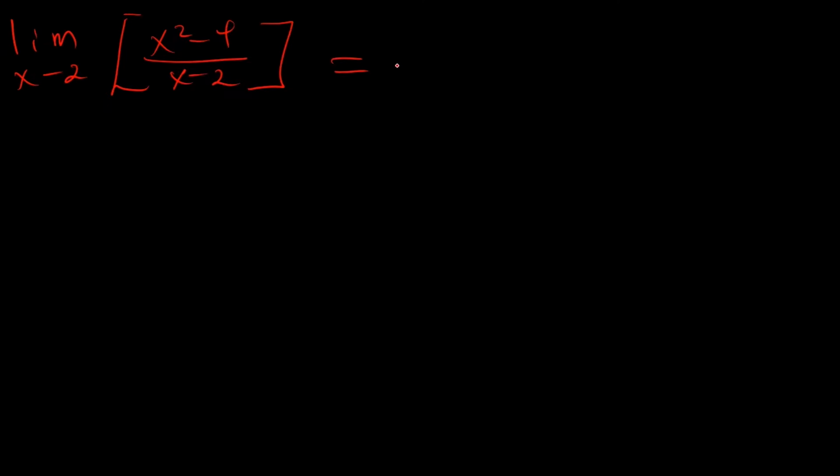So the actual example is limit as x approaches 2 of the function x squared minus 4 all over x minus 2. When we did direct substitution, we had undefined.